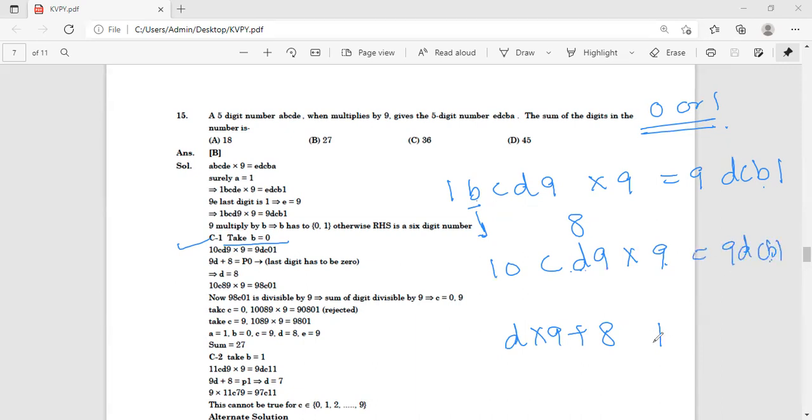Since B is 0, D into 9 plus 8 should become 0. This can happen only when D is 8. 9 eights are 72 plus 8. So D has to be 8. When B is 0, D you will get as 8. So you get to this step.